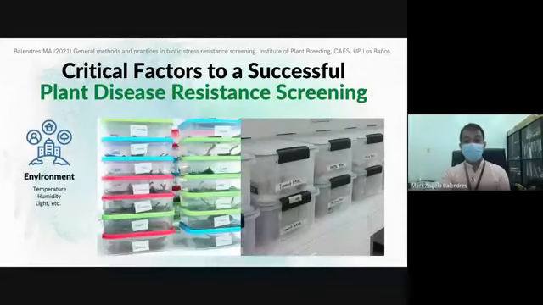The environment, so this is just an example of the ones that I mentioned earlier. We do place them in the same container. So these are two different trials. You need to make sure that you have the same size, because of course the smaller the container, you'll likely get more humidity, but it's more sensitive to outside temperature.